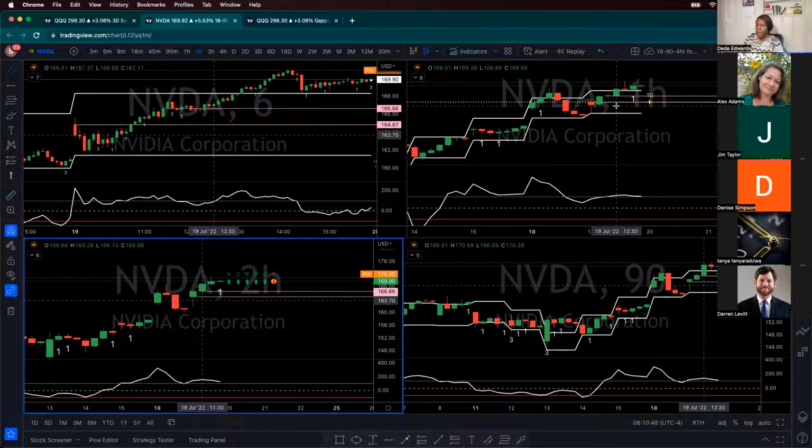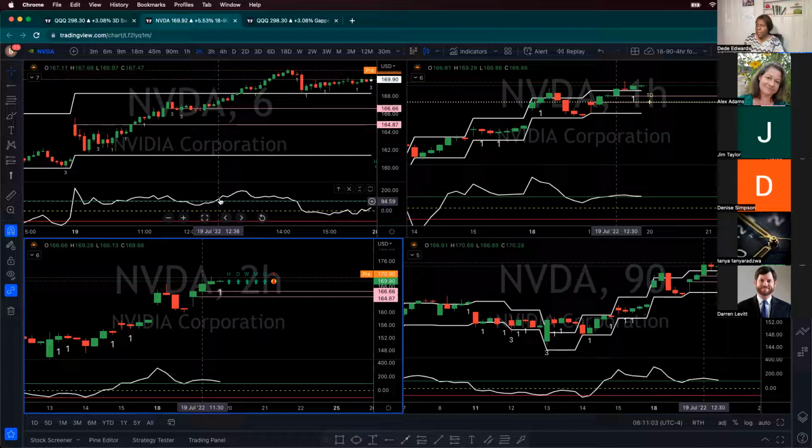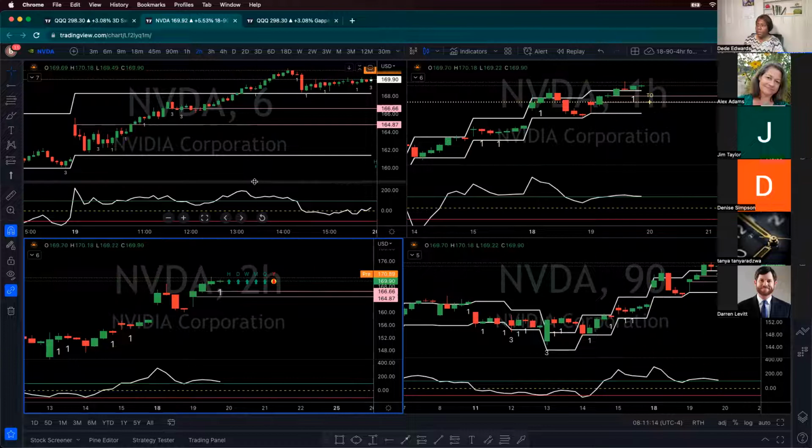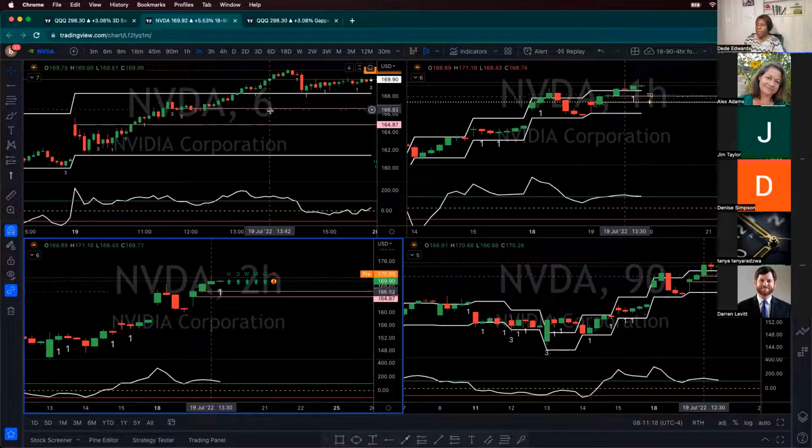If it comes back down on me, so if I take this move right here, this 60 flip, CCI is crossing over, so I'm always keeping my eye on the 60. I'd be looking at this opening 2-hour flip to see if that thing comes back in. 60 CCI is going to help me with this. I'm a CCI girl. That's the only way I know how to trade momentum. CCI is good. It crosses over ADR.